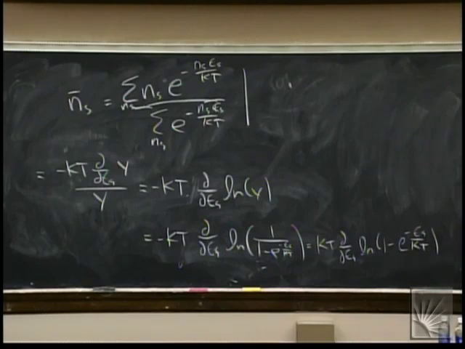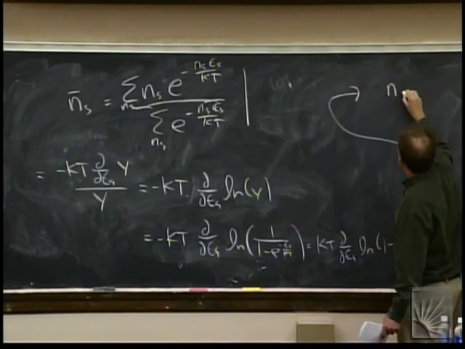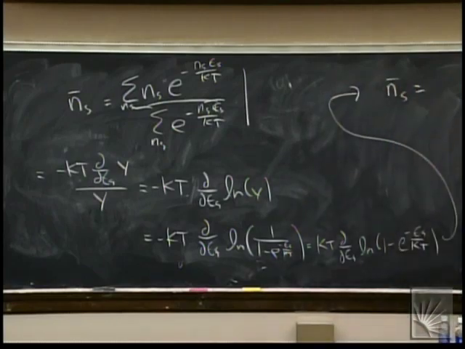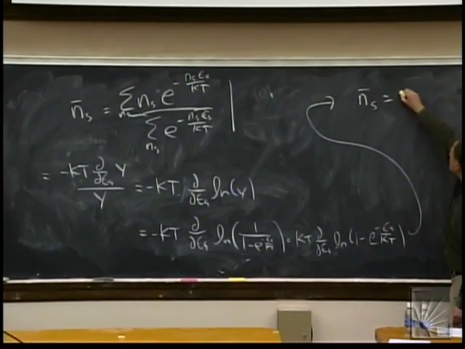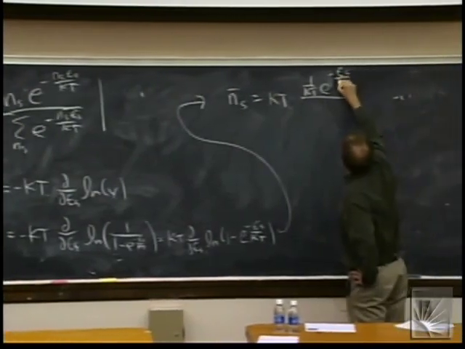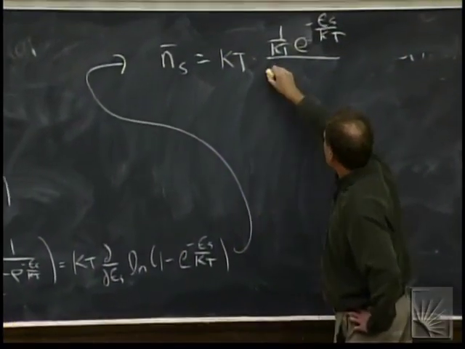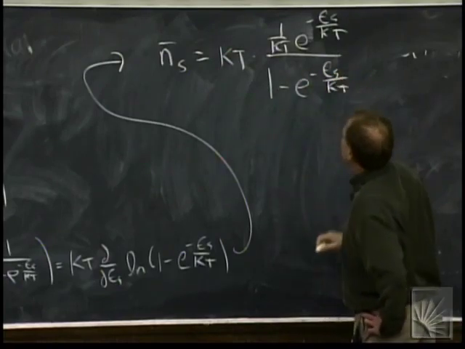Okay? So n sub s is, I'll just take the derivative of this and then I'll divide by it. So it's kt, the derivative of this with respect to es. The 1 goes away, I have a minus sign and a minus sign. 1 over kt, e to the minus, and then I divide by it. Okay?